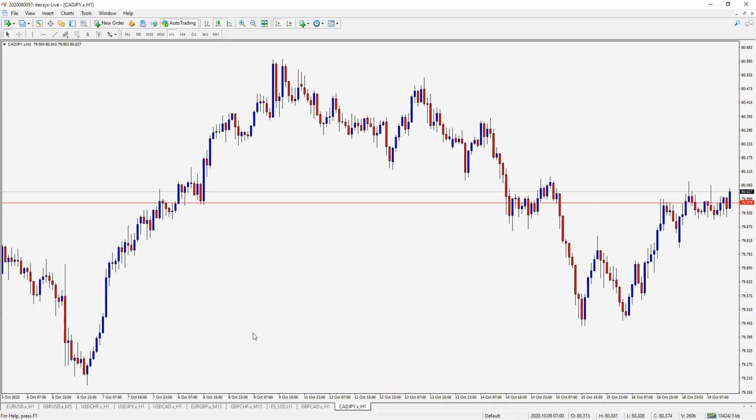Of course, in demand, it's the opposite situation. In fact, supply and demand is a level where we have a huge imbalance between buy orders and sell orders, okay?